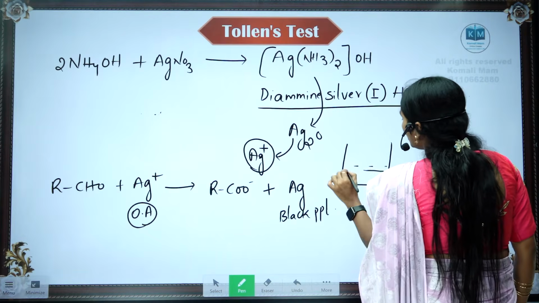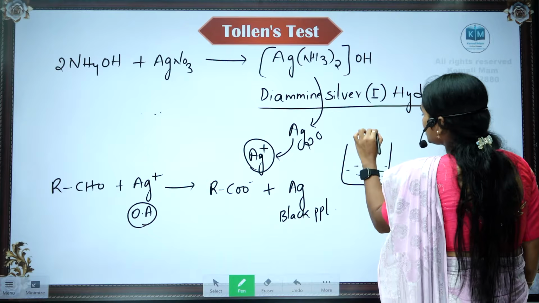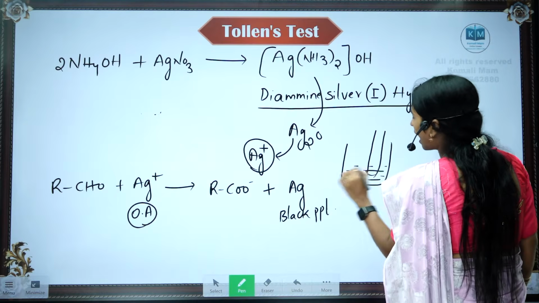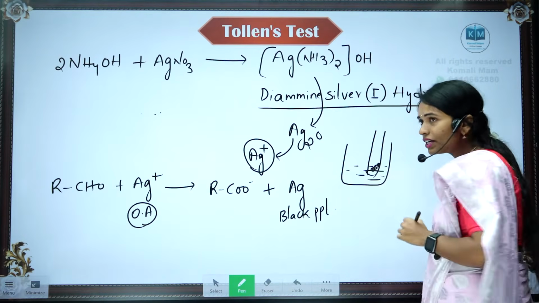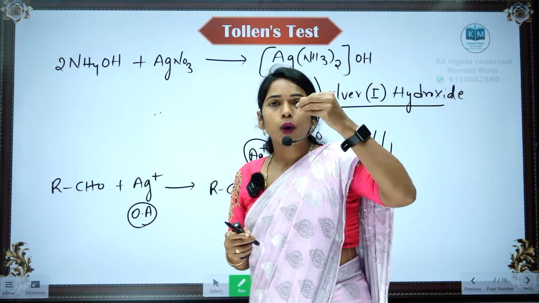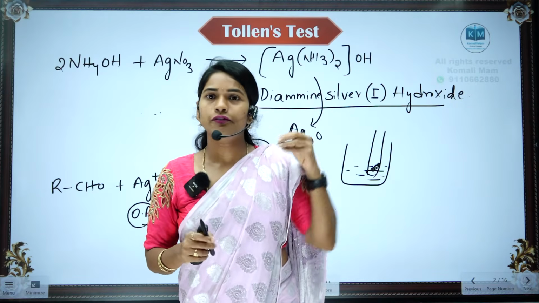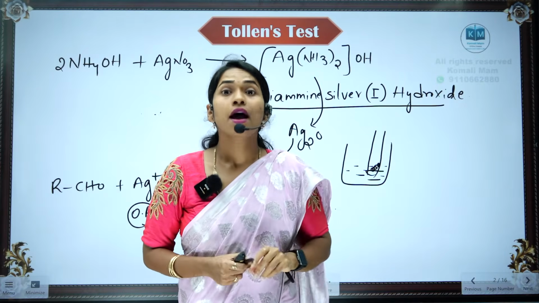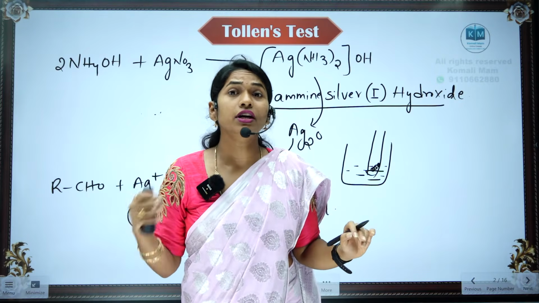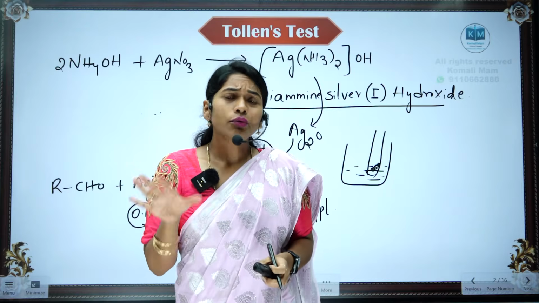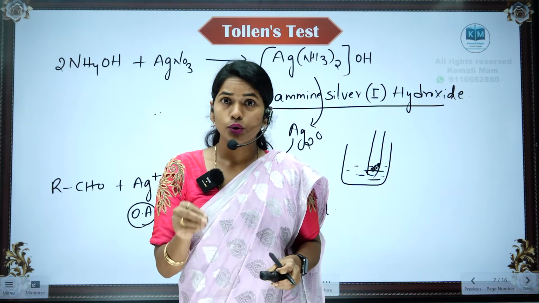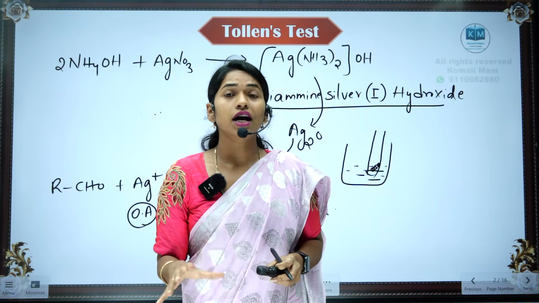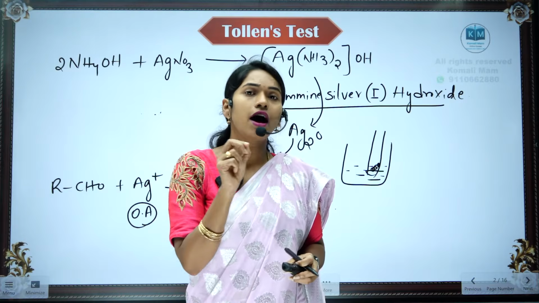So, in a bowl of water, put this test tube which has this black colored PPT. Then after some time, a white colored mirror-like structure sticks to the walls of the test tube, which is the confirmation for aldehydes. So, what you have learned is that this Tollens test is used for the identification of aldehydes.